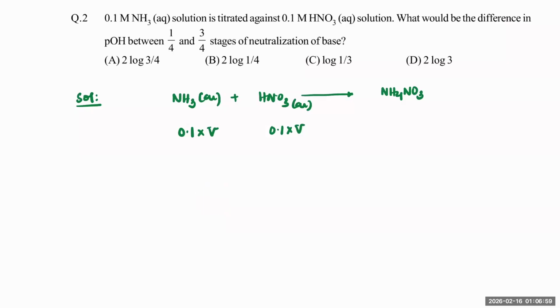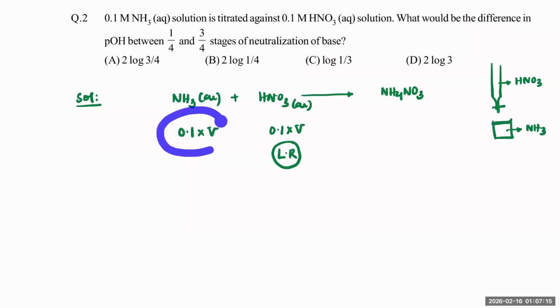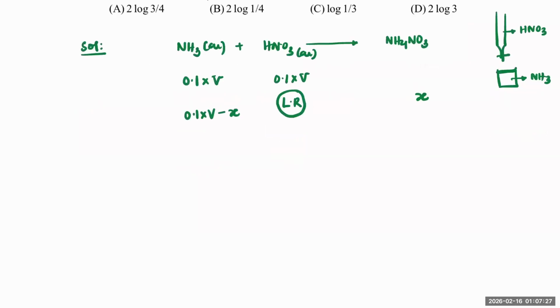Ammonia is always the limiting reagent. Keep that in mind, because in titration, you are using this strong acid HNO3, and then you are titrating that with ammonia here. So the composition of ammonia is always in a larger amount. So I can do it like this: it is 0.1 into V moles. Out of that, X moles have been consumed, so that means X moles of salt should be formed. And X is basically 1/4 of the initial amount.